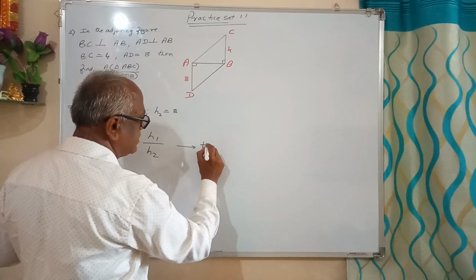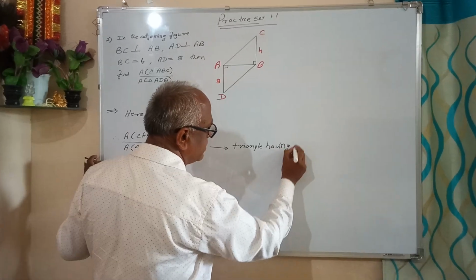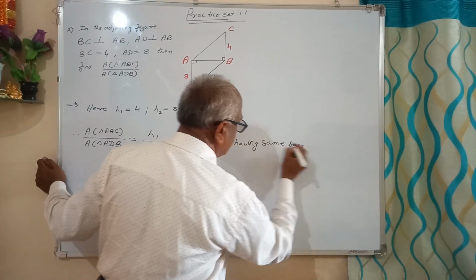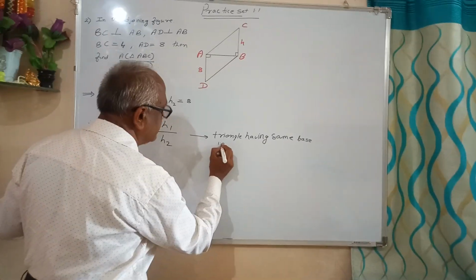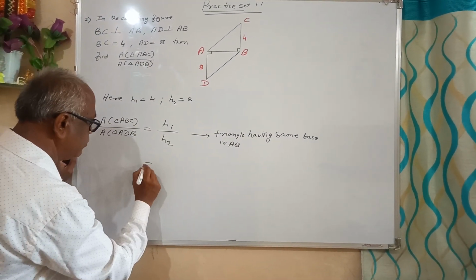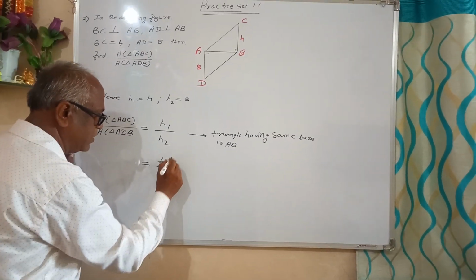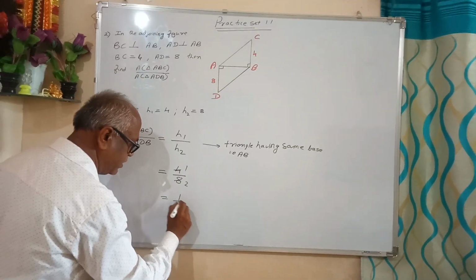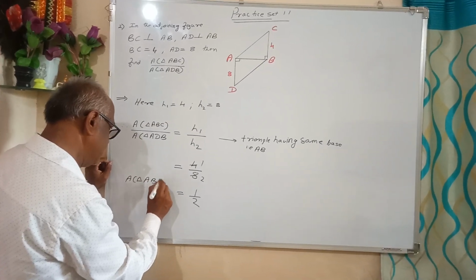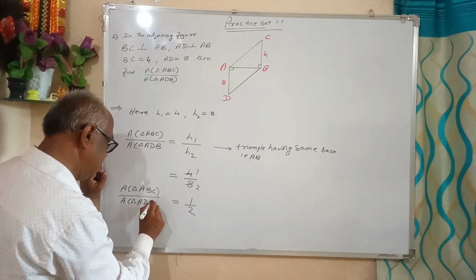Reason: triangles having the same base, that is AB, which is equal to H1 is 4 upon H2 is 8. 4 1s are 4, 4 2s are 8, which is equal to 1 upon 2. This is the area of triangle ABC upon area of triangle ADB.